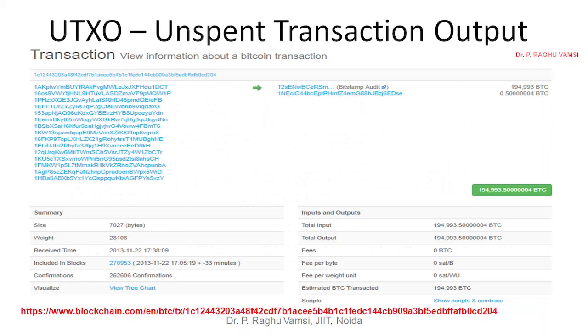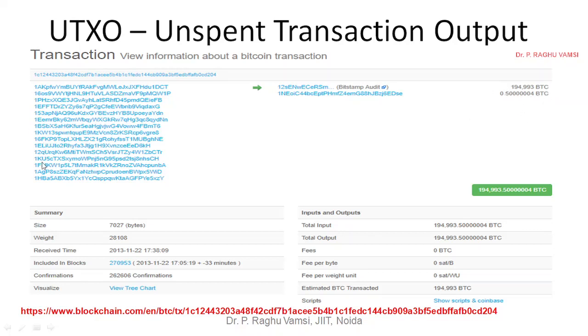The UTXOs in a block: for example, if you consider a block in Bitcoin, this is the address where you can get this block. These are the unspent transactions from which this transaction was formed, to have 194.993 BTC, and from these BTCs 0.50004 BTC.